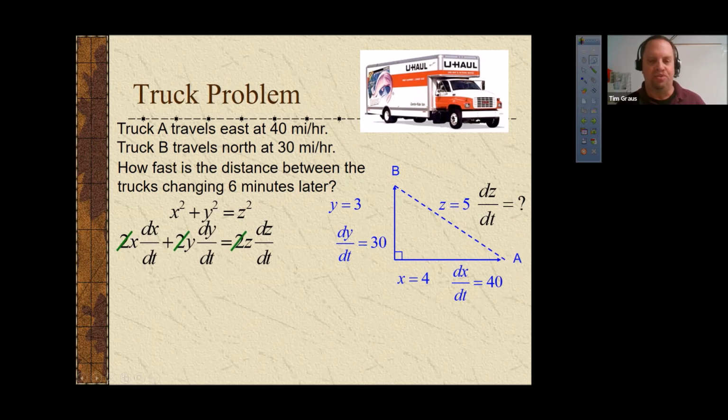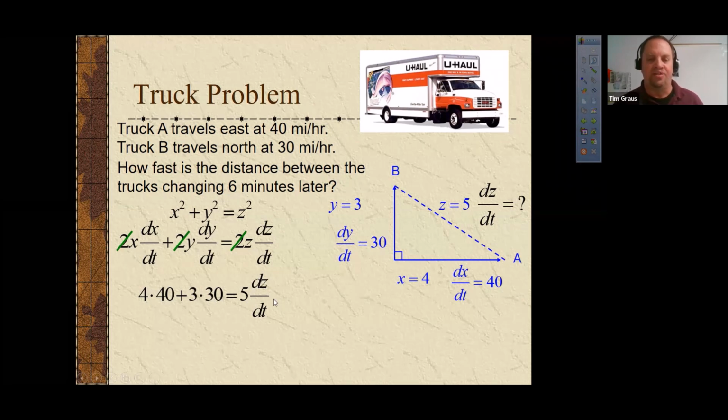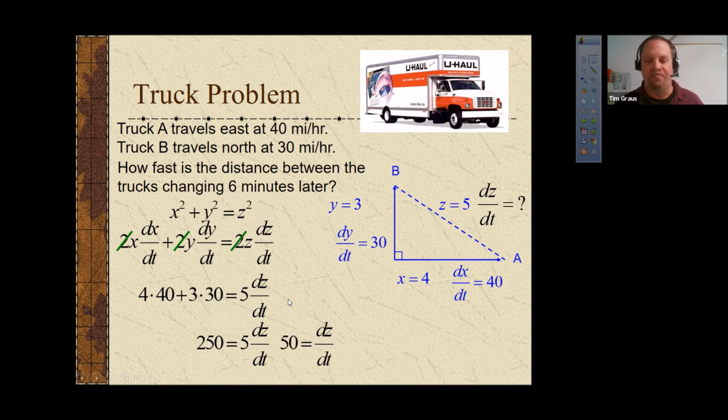Divide both sides by 2 first, and we have 4 times 40 plus 3 times 30 equals 5 times our unknown rate of change. Solving for dz dt, we get that dz dt equals 50. So the distance between the trucks is changing at a rate of 50 miles per hour.